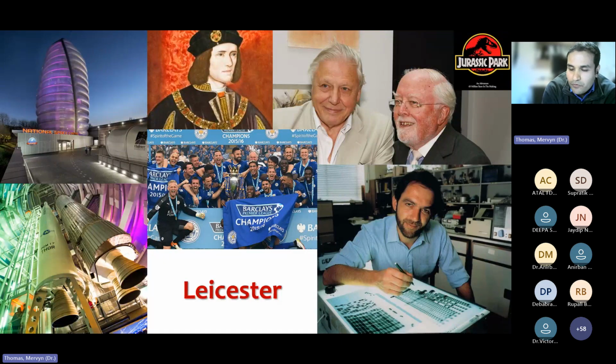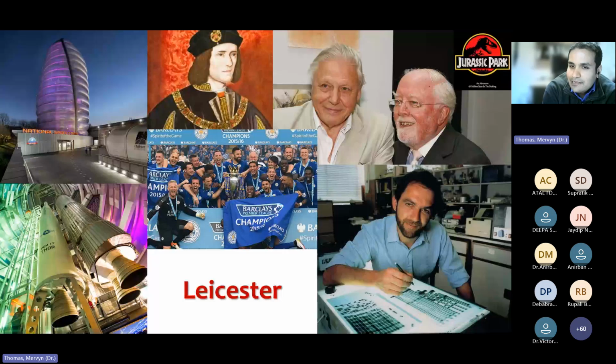Now, on the top right of your screen, these are famous people from the University of Leicester. This is Sir David Attenborough as well as Richard Attenborough. You might know them from TV programs, including, for instance, Jurassic Park. So you wouldn't have Jurassic Park were it not for one of these Attenborough brothers.